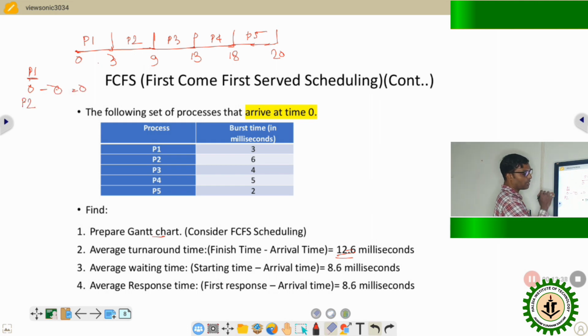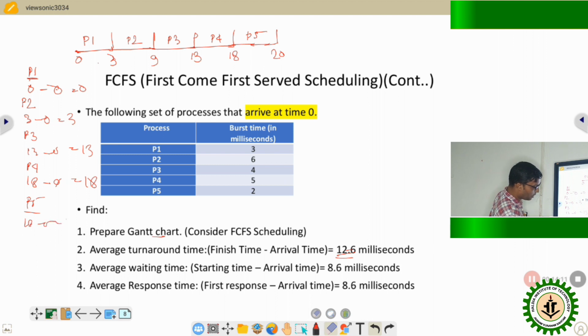For process P2, starting time 3 minus 0, so it is 3. P3 starting time 9 minus 0, that is 9.